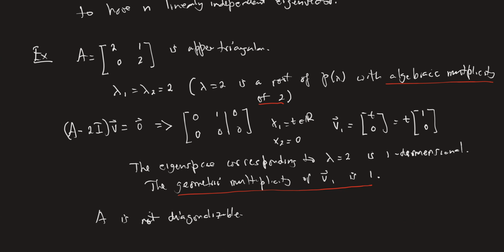But it is possible that repeated eigenvalues might still work, but you'd have to check the eigenspaces to see what the dimension of the eigenspace is.